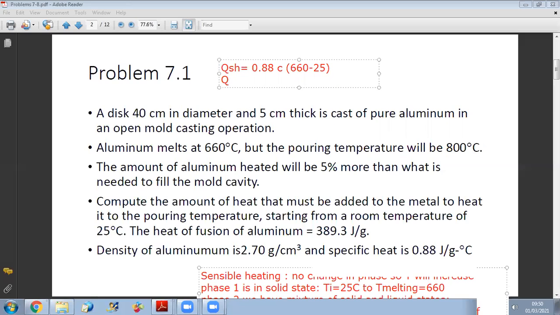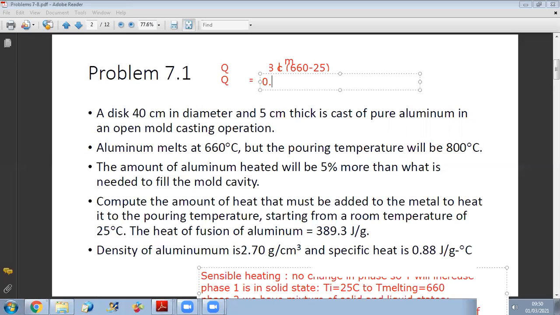Now if I calculate the sensible heat of liquid heating, Q liquid, it's equal to the mass. Sorry, here C is 0.88, and this is M. So for liquid heating, it is 0.88 times M, because they gave us a constant specific heat, since they gave us one value.